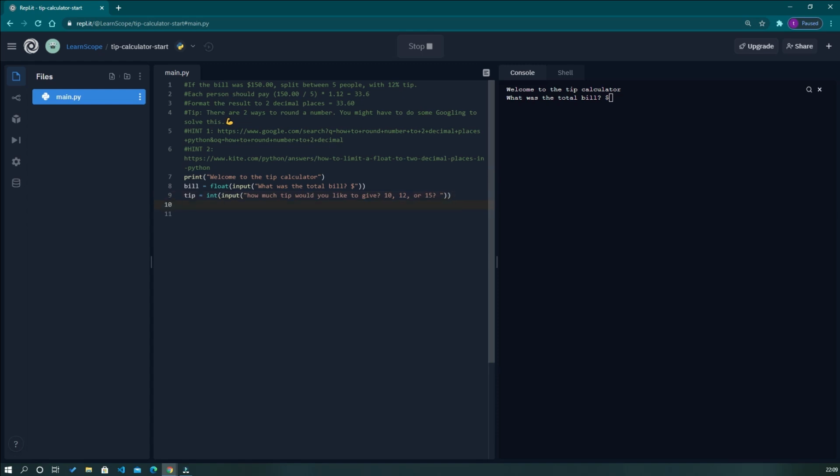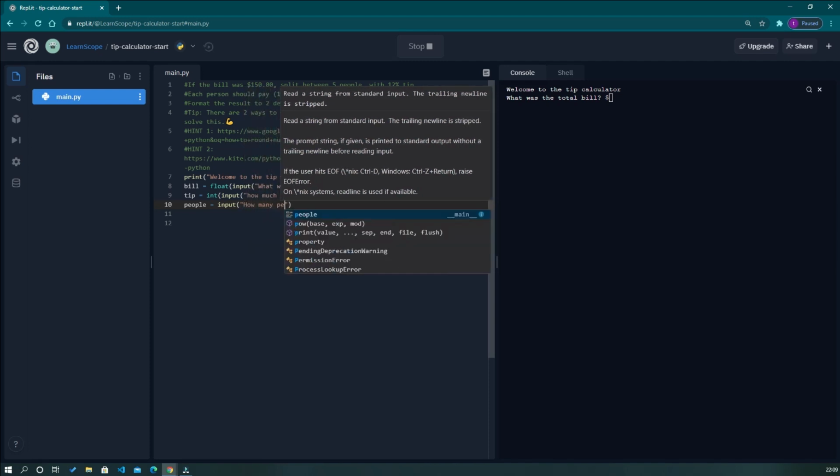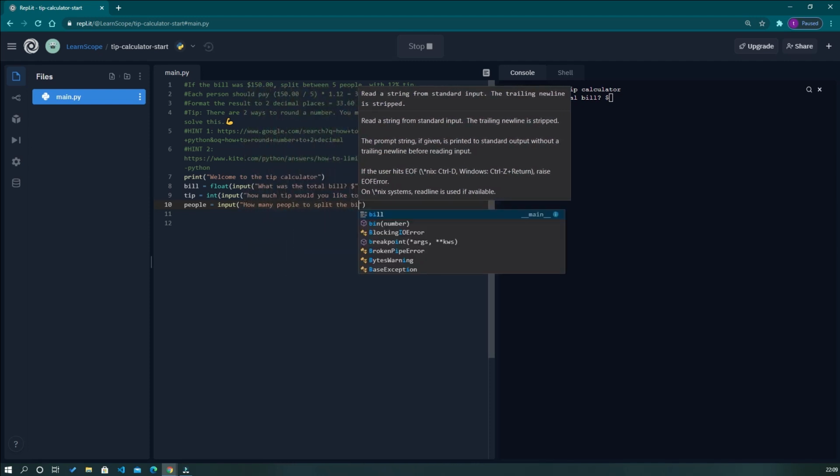Okay, so I've got the bill, the tip. Now I need to find out how many people I want to split it by. People equals input: how many people to split the bill.